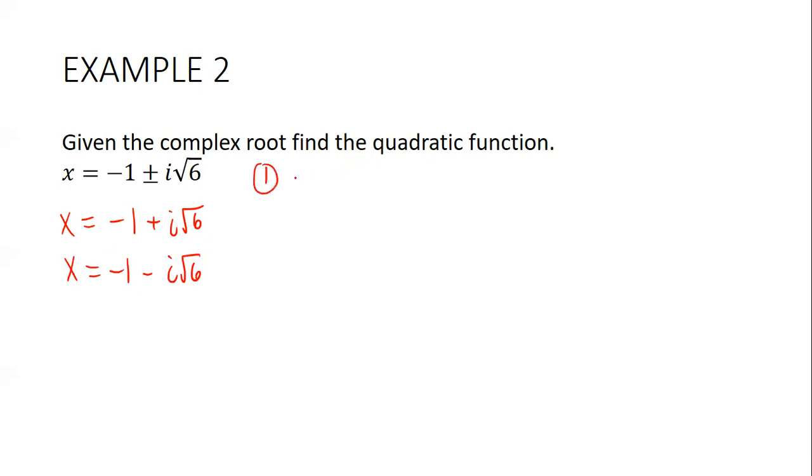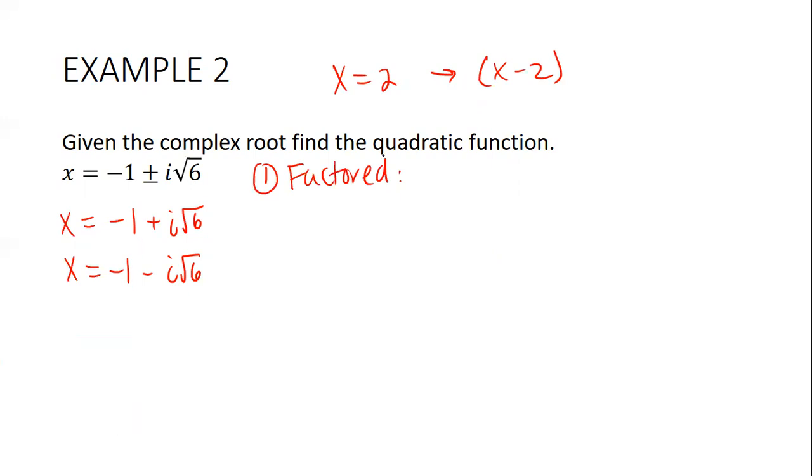So step 1 is you're going to write it in factored form. Factored form means that if I told you that I had a real quadratic and I said x equals 2 is my 0, what would be the factor of that? How would I write that as a factor? x minus 2. So I'll write it as x minus 2. So I'm going to write these as factors.